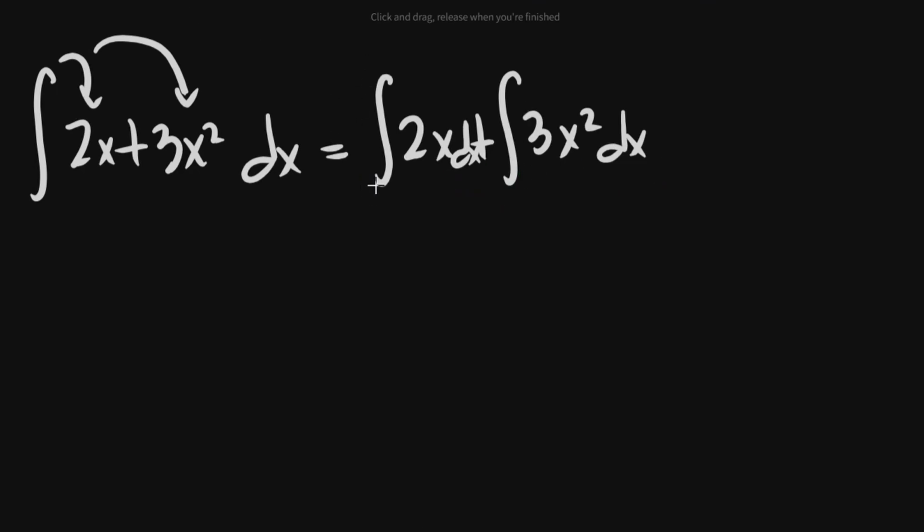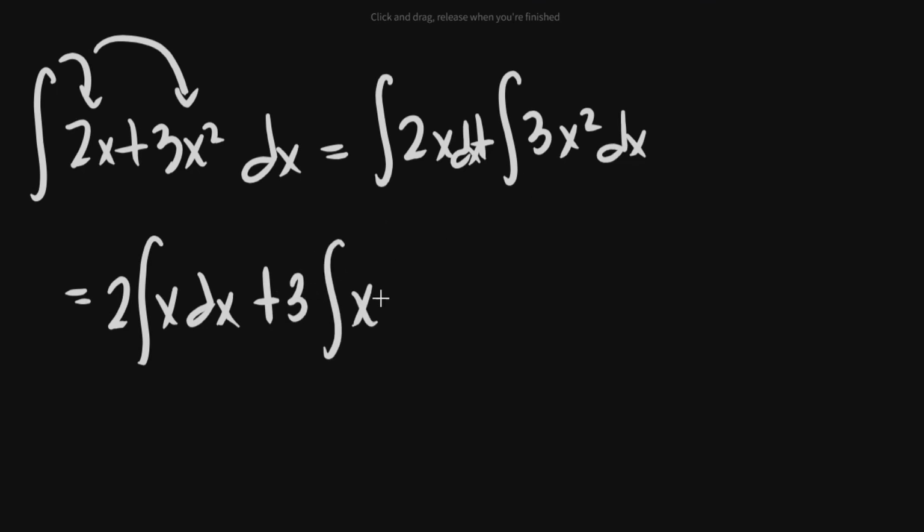After that, you just need to do the power rule. When doing this, you need to put the constants outside the integral sign. Outside is 2, the integral of x dx, plus 3, the integral of x squared dx.